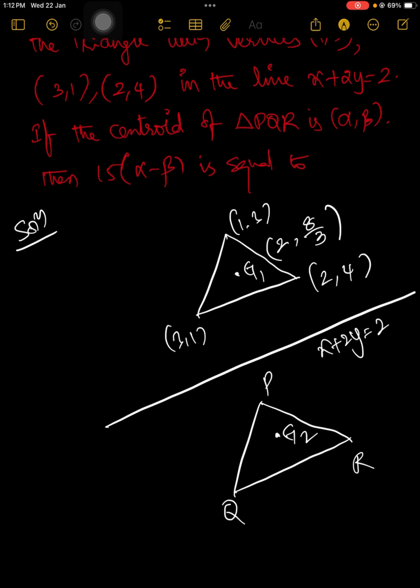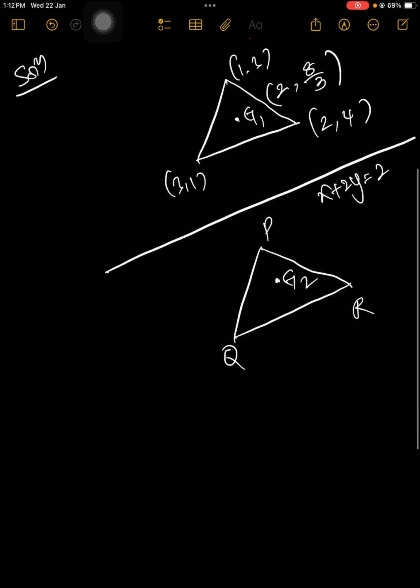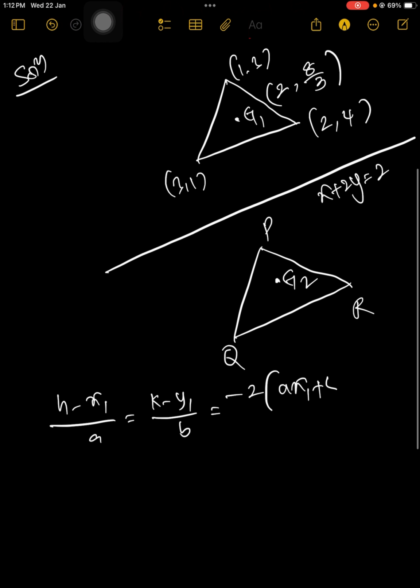Now we know the image formula: (h minus x1) by a equals (k minus y1) by b equals minus 2 times (ax1 + by1 + c) by (a square plus b square).